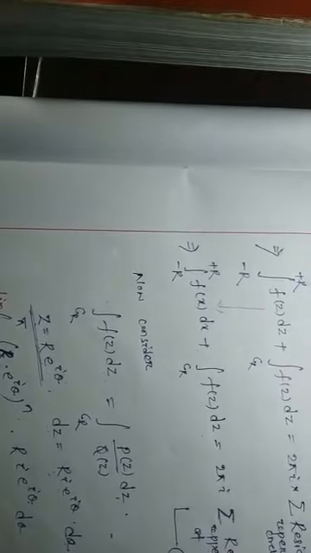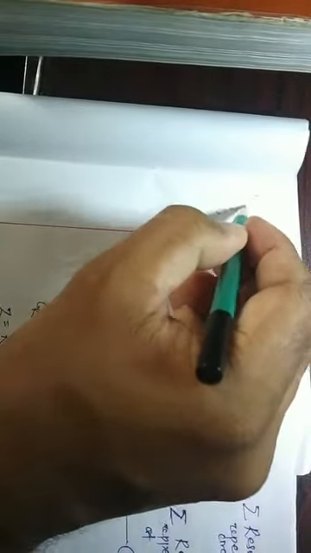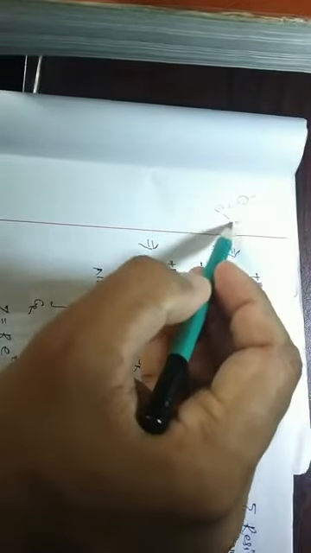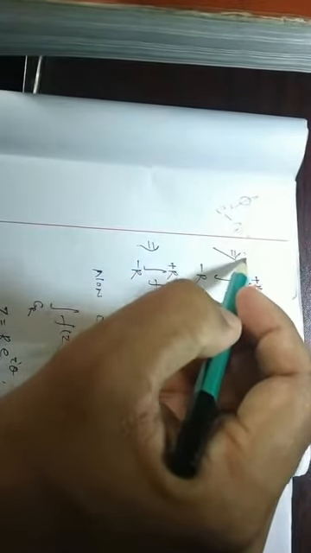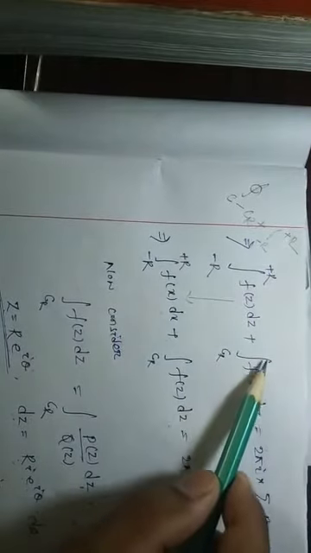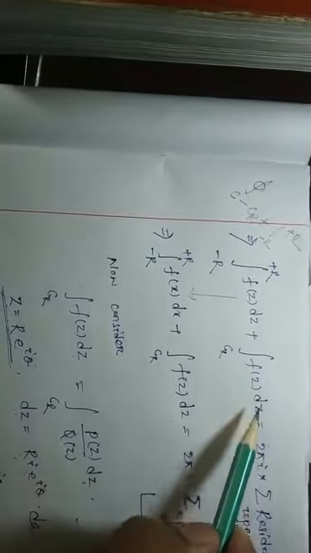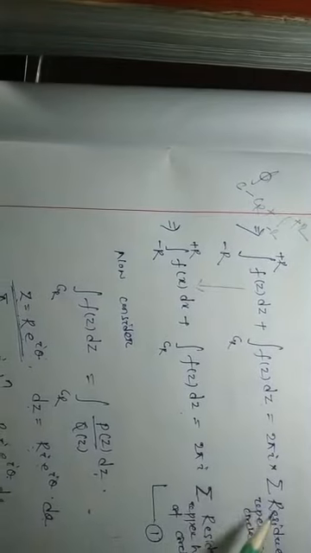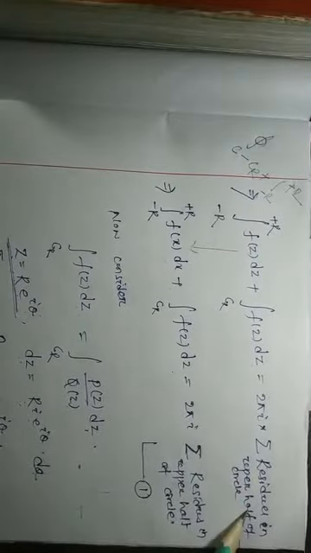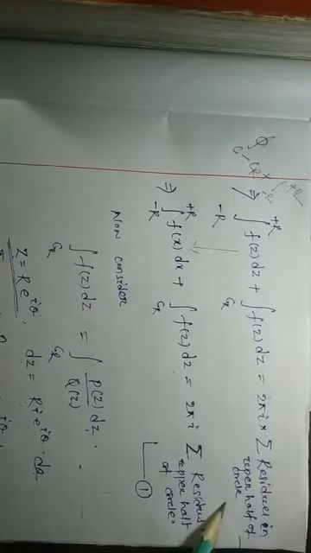So, as we have discussed, the closed contour C is nothing but the segment from minus R to R plus the arc C_R. The integral is written in split form: the integral over the segment minus R to R of f(z) dz plus the integral over contour C_R of f(z) dz is equal to 2 pi i times the summation over residues in the upper half of the circle.